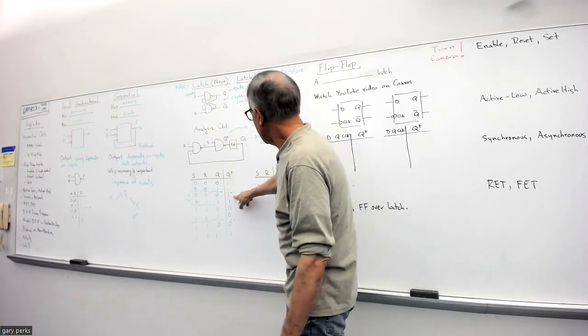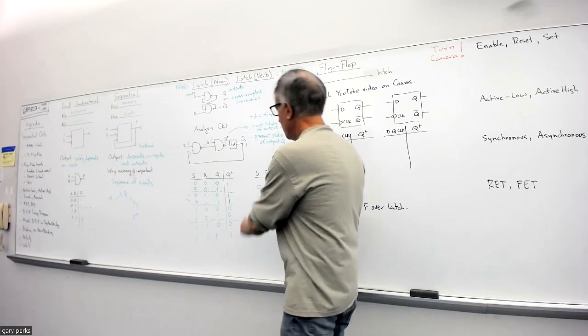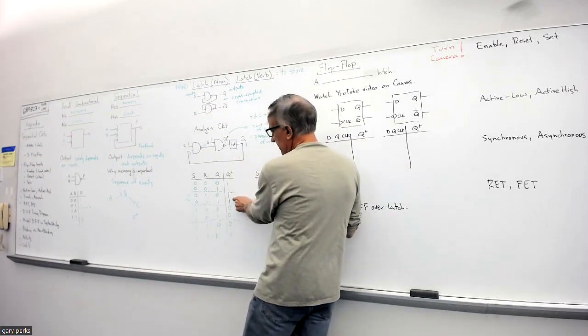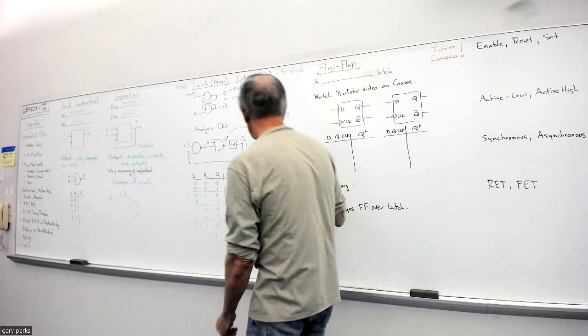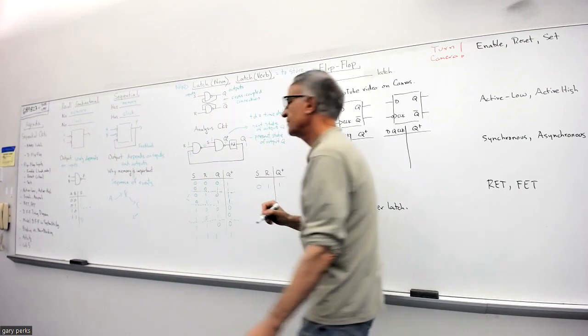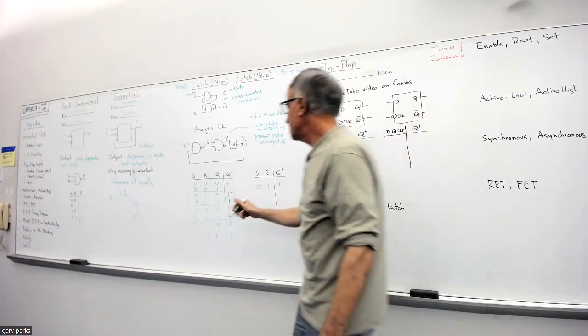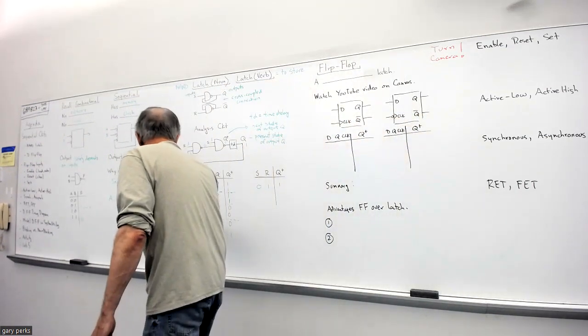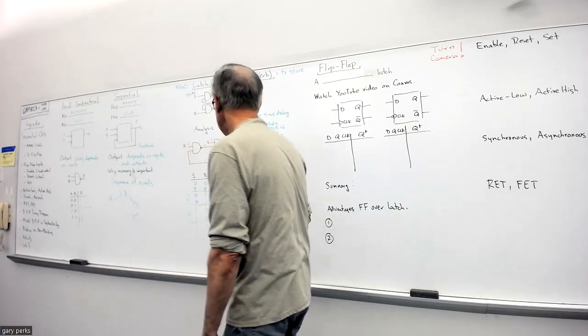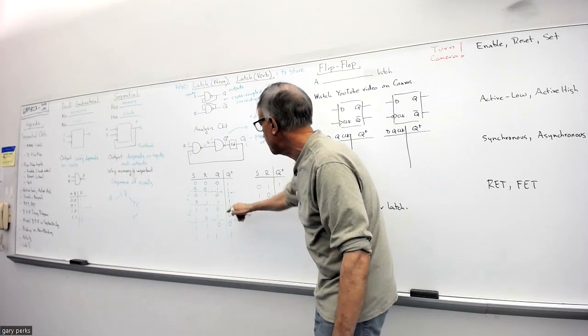And if you just look at the next state Q, when S is 0 and R is 1, right? These two rows, look, the next state Q is 1. All right. And then we can just look at these two rows where S is 1 and R is 0, and you can see that the next state of Q is going to be 0.